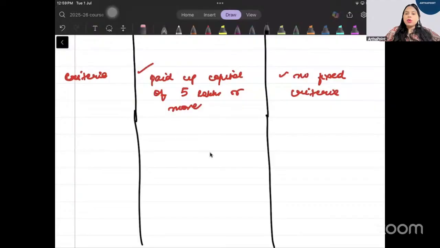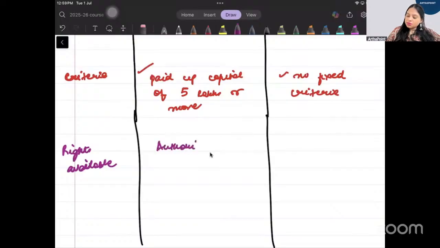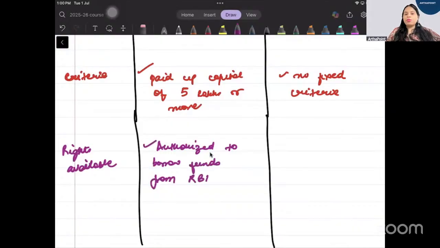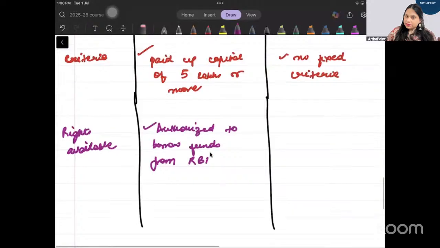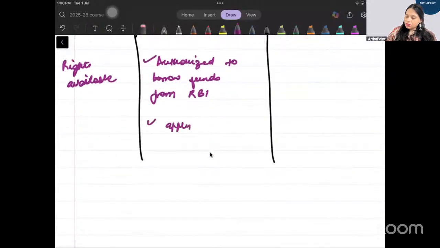Okay. Now, what are the rights available to these banks? Rights available, right? So when we talk about scheduled bank, the right is that it is authorized to borrow funds from RBI. It can borrow directly funds from RBI, right? Then it can apply to join the clearing house.